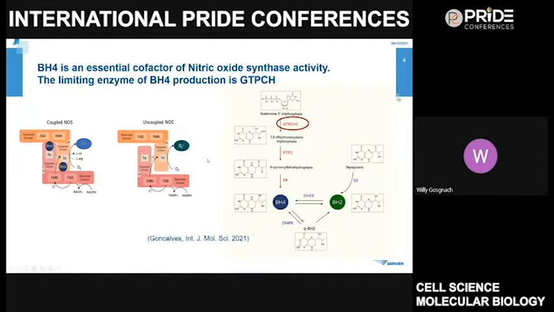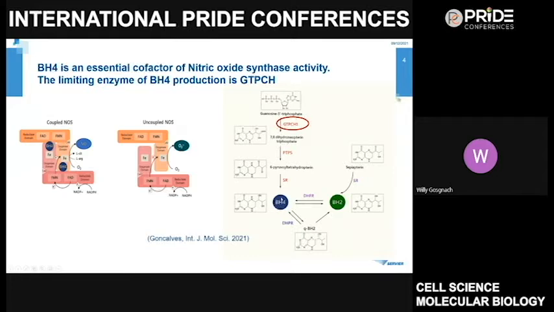This situation where the nitric oxide production is reduced and oxidative stress is increased has been described in many cardiovascular pathologies and is associated with most of the risk factors that I cited in the previous slide. The BH4 is synthesized by a series of enzymatic activities, and the rate-limiting enzyme is GTP cyclohydrolase 1, GTPCH.